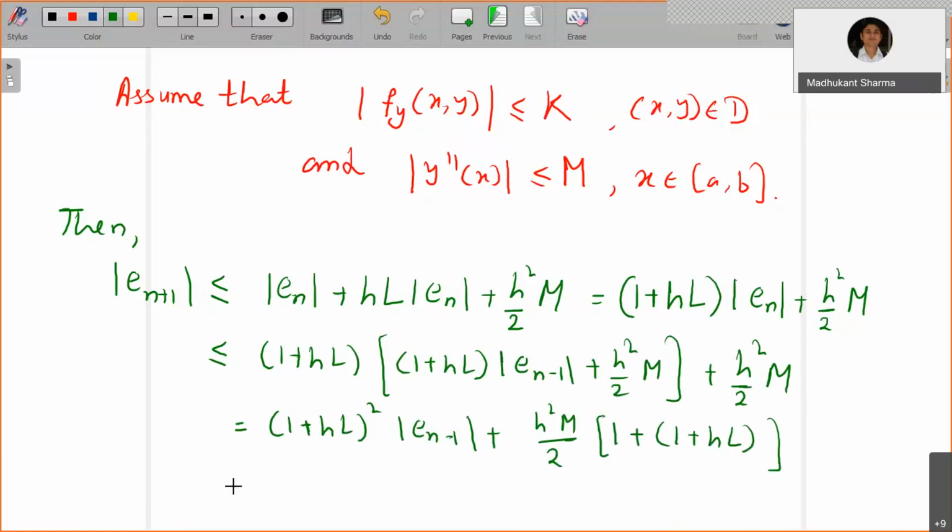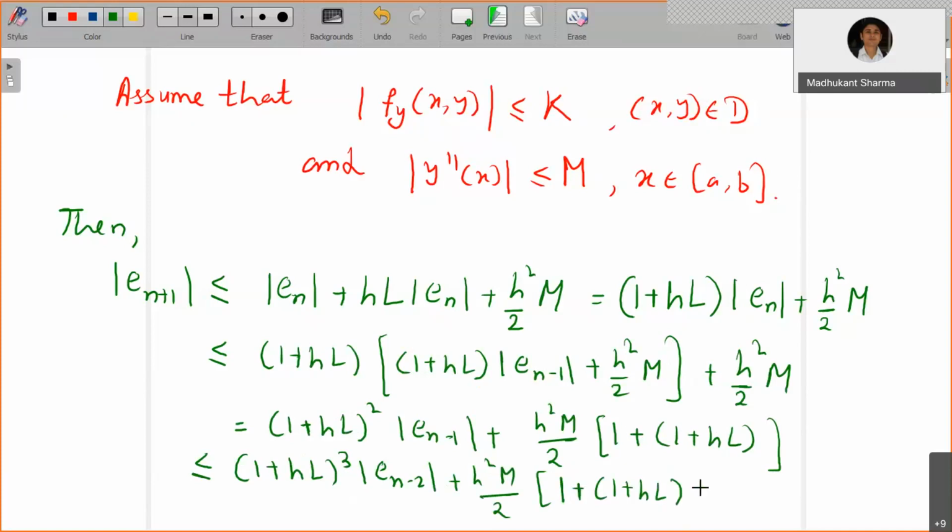Now, if you again use it, this is going to be further less than or equal to (1 plus hL) cube times mod of E_{n-2} plus h square M by 2 times (1 plus hL plus (1 plus hL) whole square), and so on.